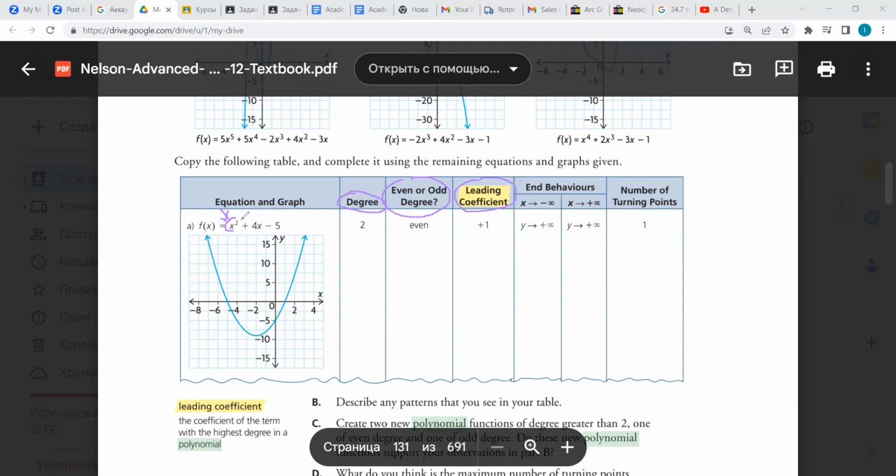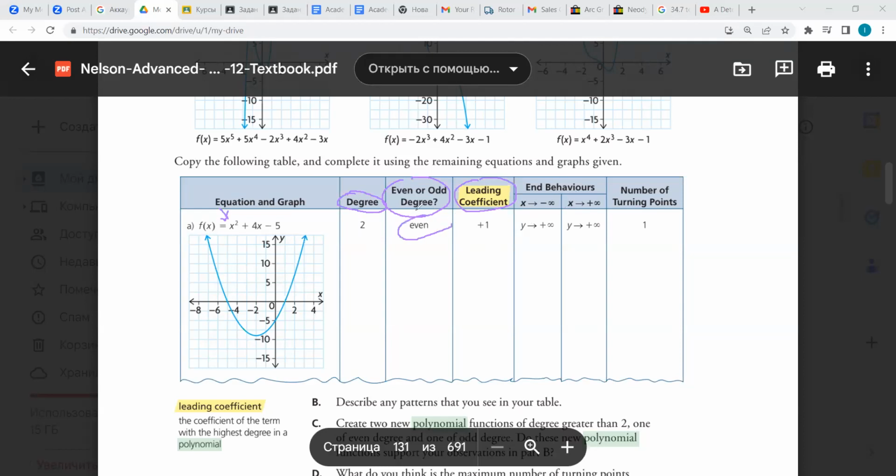So in this case, if x squared is the greatest power of the equation, the leading coefficient is the multiple that stays in front of it. And in this case, it's +1. And end behaviors. End behavior is the description of how a function behaves at infinity.